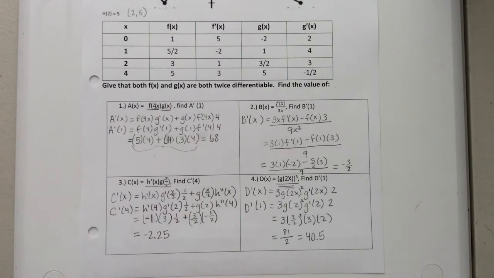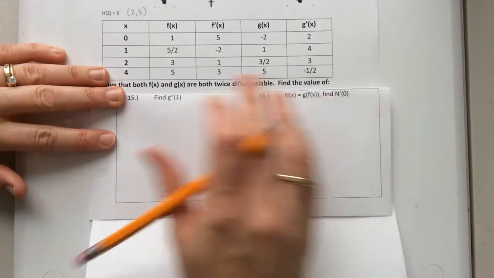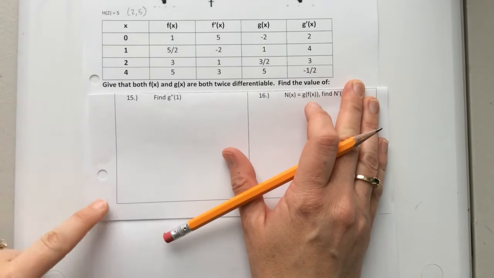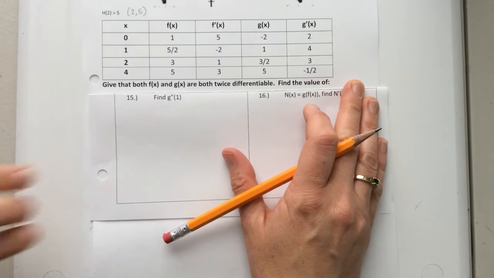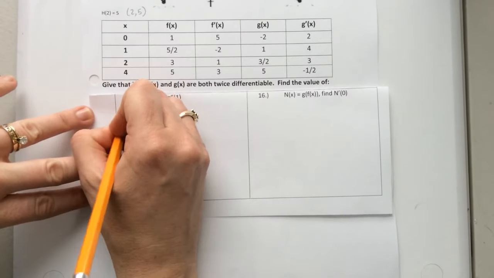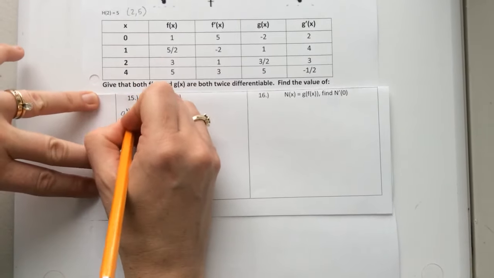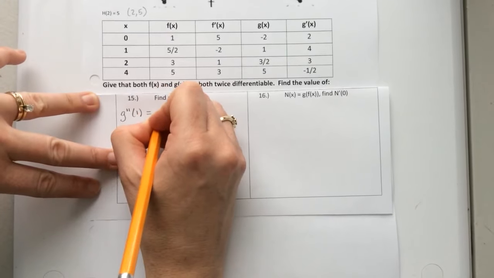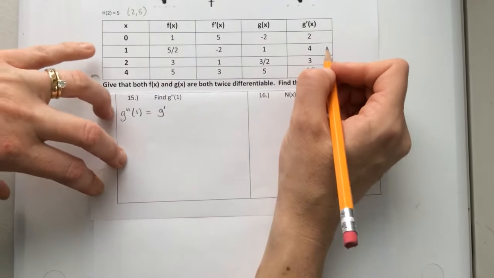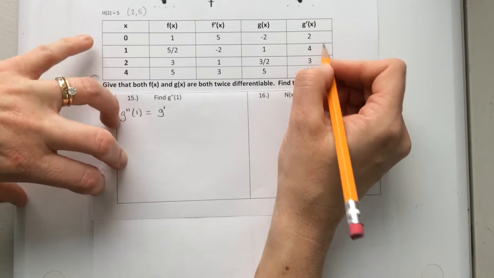Almost done here. 2 more problems. 15 wanted me to find g double prime of 1. Well, to do that, it's very similar to problems 7 and 8. We don't have g double prime, but we do have g prime. So if I want to find g double prime, I take g prime values and do the slope. Well, here's 1. So I'm going to use the point on either side.